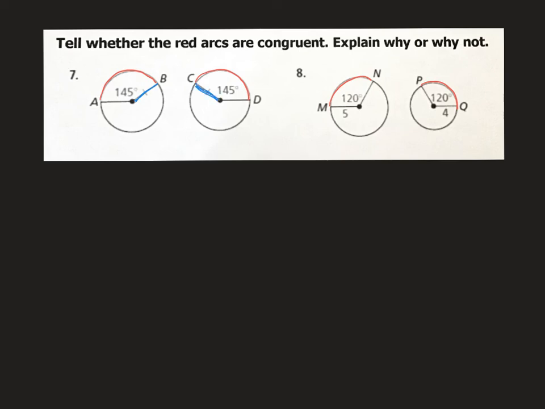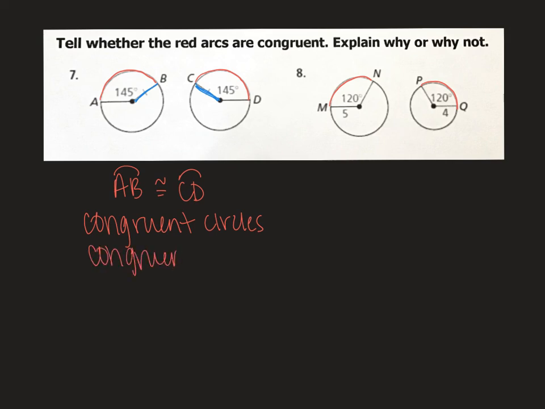So they've got the tick mark saying that they're congruent to each other. So we have congruent circles, we have congruent angles. So we can say that arc AB is congruent to arc CD. And remember, we know that because we have congruent circles and we have congruent central angles.